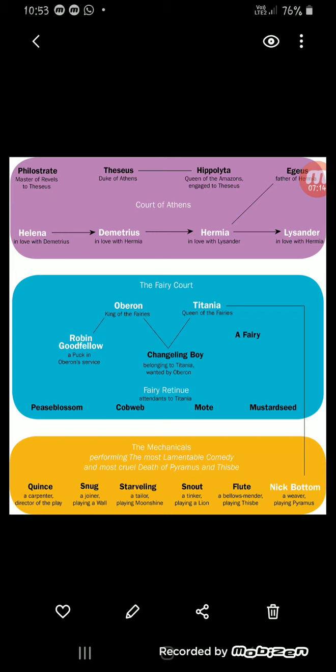He is a part of the fairy world, so he has some kind of magical powers. Another character, not a pair, a character. Remember this. And now there are some fairies in the fairy world, and the names are given: Peaseblossom, Cobweb, Moth, and Mustard Seed. They are not prominent ones, just remember their names.